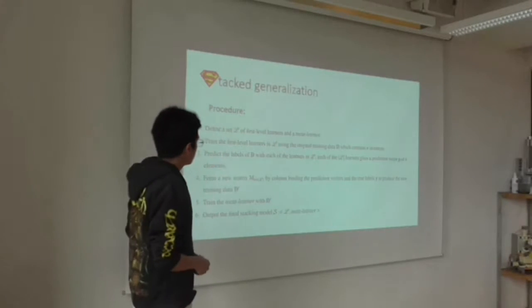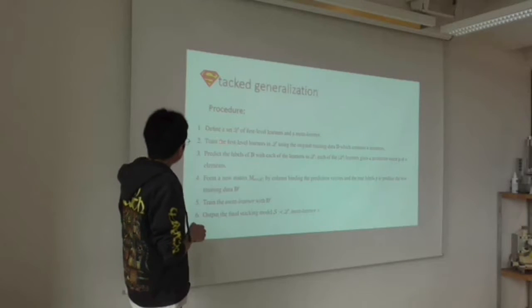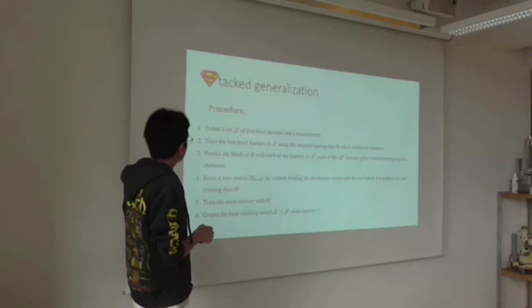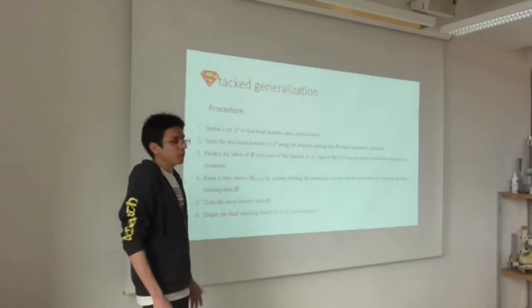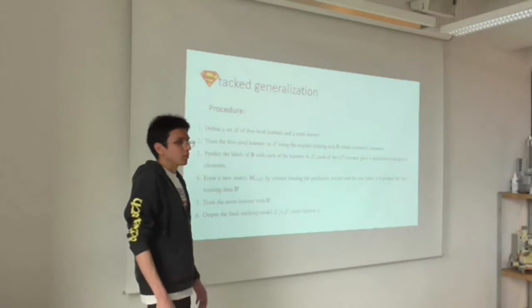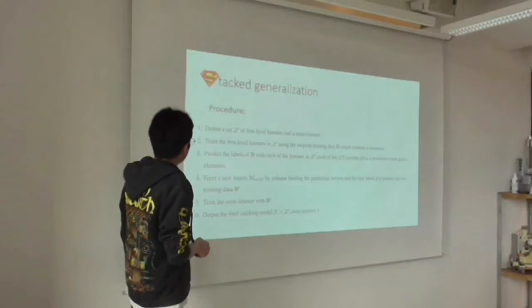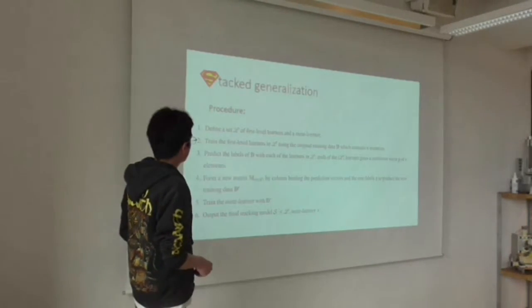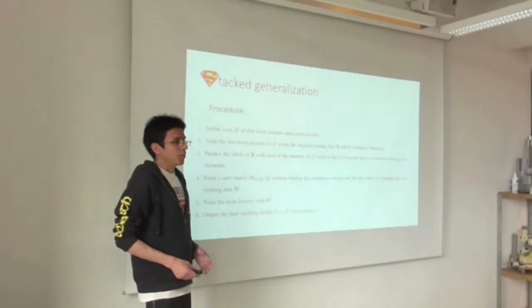And these are the details of the sequence of steps. First you find a set of L first level learners and a meta learner. This can be any type of method. You can use neural networks, CNNs, random forests, whatever, or you can use combinations of those. That's the good thing about this type of method, because this method was developed in 1992, but you can still use it with state-of-the-art algorithms.